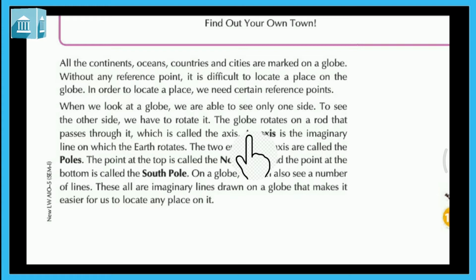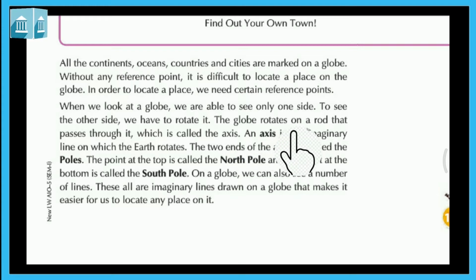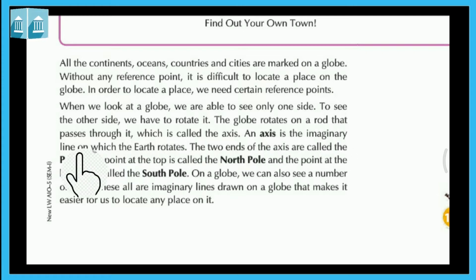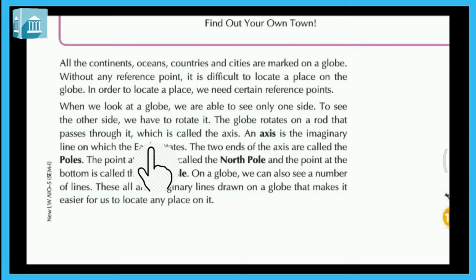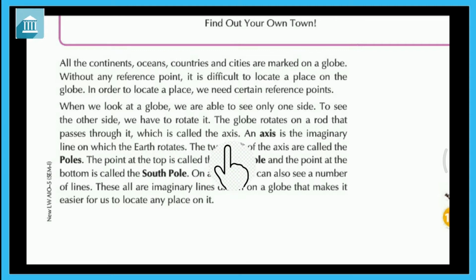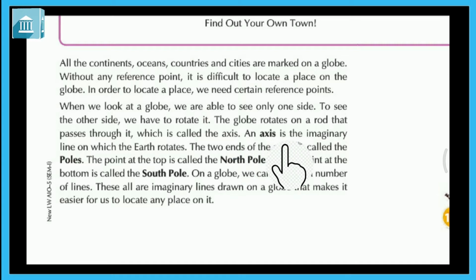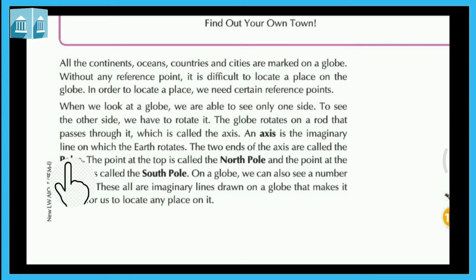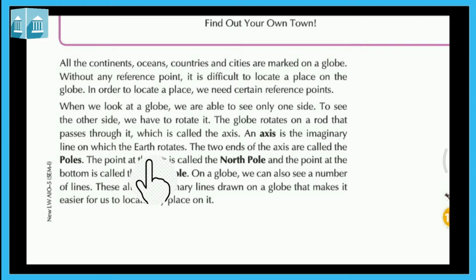The globe rotates on a rod that passes through it, which is called the axis. An axis is the imaginary line on which the earth rotates.